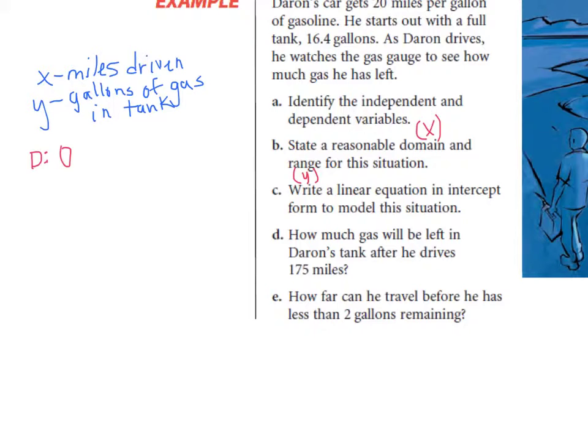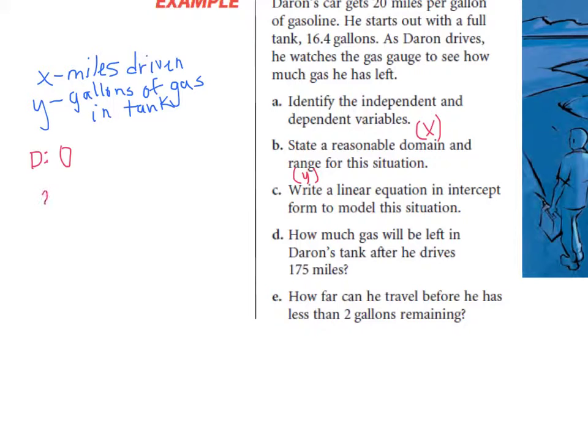Okay, there's no such thing as negative gallons of gas. So we only want as many miles as our gas tank will take us. So if we have 16.4 gallons and 20 miles per gallon, that means that we can, for every one of those 16.4 gallons, travel 20.